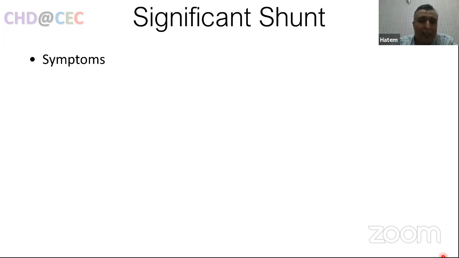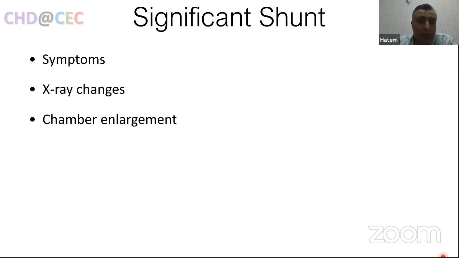So we can define that by the presence or the lack of symptoms. X-ray changes, does the patient have plethora or not? Does the patient have cardiomegaly on X-ray or not? Signs of chamber enlargement, be that on clinical examination, on chest X-ray, on ECG, and on echo. Estimating high PA pressure either on echo or by cath.